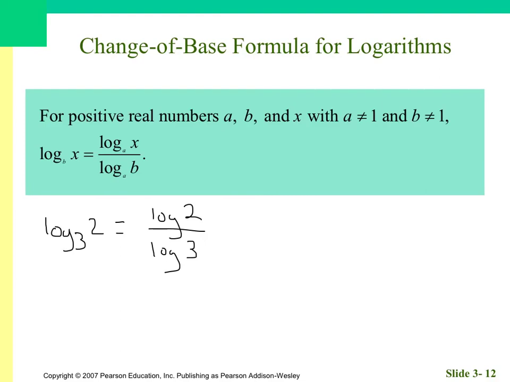You change it to log base 10 because that's what you can use your calculator to calculate. Okay? See how that works? So like if I had log base 5 of 20, it's the log of 20 divided by the log of 5.